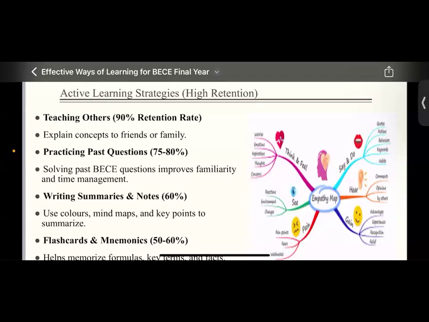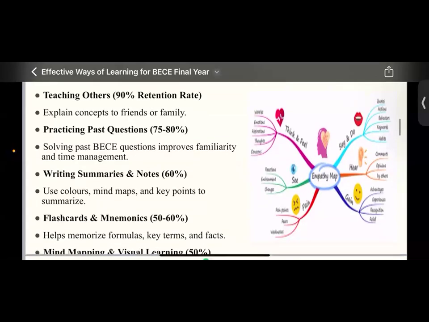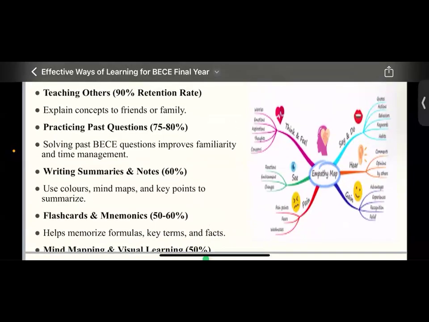And key points to summarize. Always make sure that you are writing key points and then you use that to summarize whatever you've learned. Then flashcards and mnemonics. For flashcards, it will help you memorize formulas, especially for our math students, and chemical equations and whatever our students have been learning.